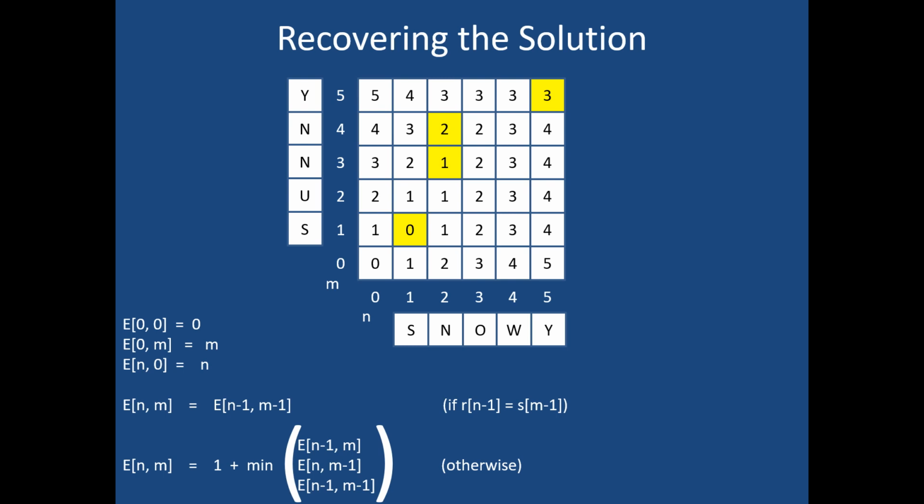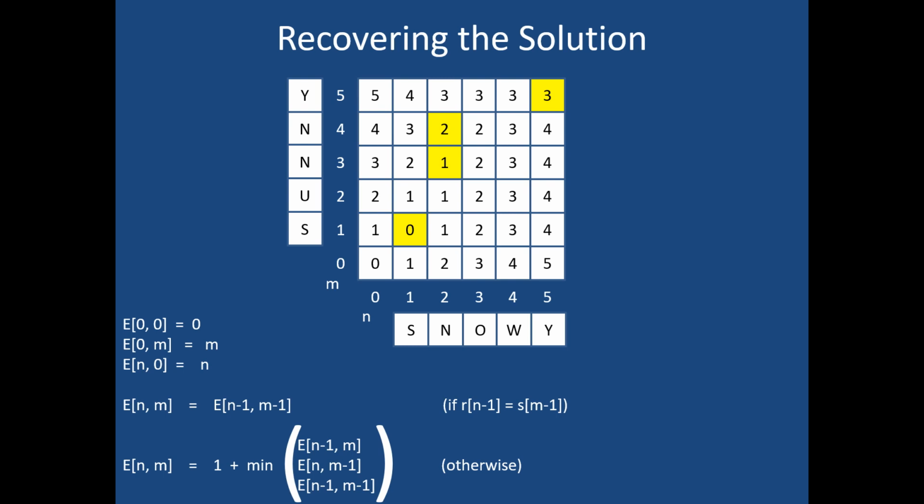Okay? So let's just do the following exercise. Why did we write a 3 up there in the upper right-hand corner? Because the last letters agree. So we're in a case where the letters agreed, and we just copied that 3 from the thing diagonally adjacent to it using this rule right here.